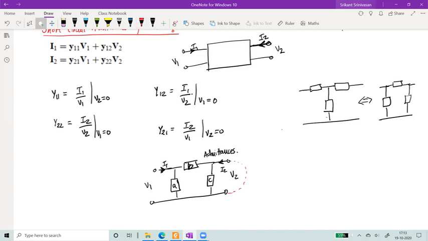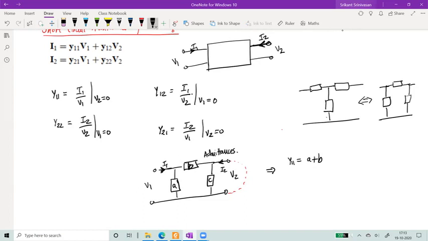Once I've short circuited this, then this admittance is no longer there, because a short circuit is like an infinite admittance, right? So this element is not playing a role. So what are you left with? You're left with one admittance A and one admittance B, and they are both in parallel to each other. So what is the value of Y11 for this circuit? It is nothing but A plus B.